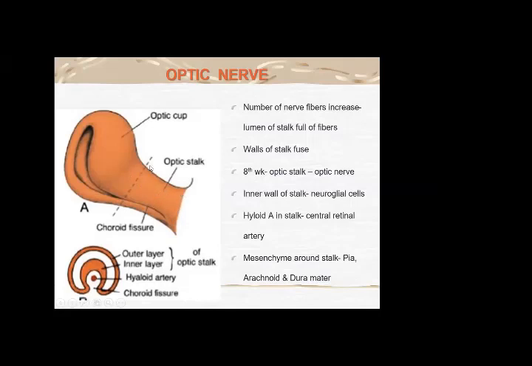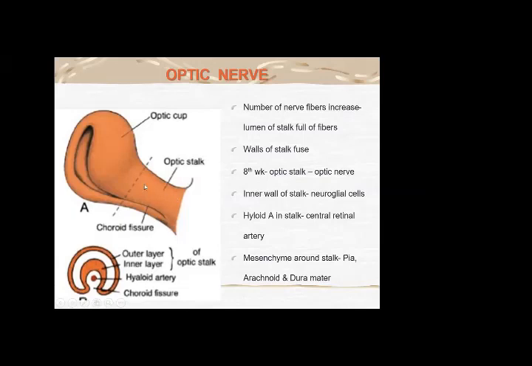And finally, the optic stalk is full of nerve fibers arising from the cells over here, and then the walls of this optic stalk fuse and this choroid fissure disappears. Okay? So this part develops into the optic nerve.